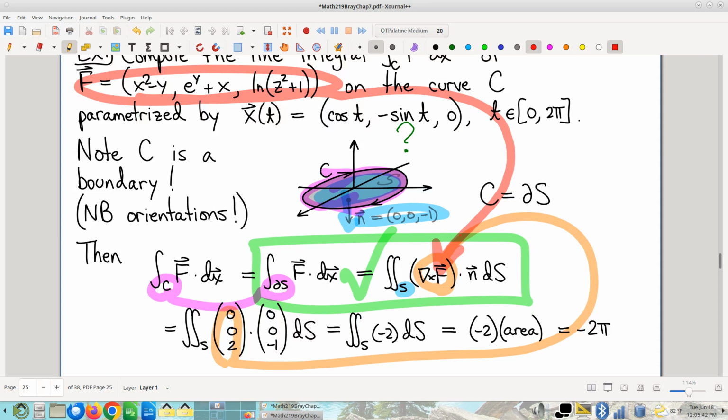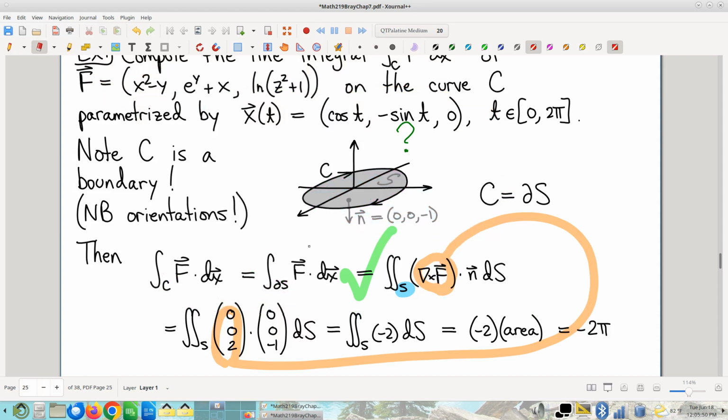Again, I crafted this example with sails in mind. I'm trying to make a sail here. I'm trying to persuade you that this is awesome, so I picked one where it works out awesome, and that curl vector sure is nice. Now we have to return to the picture, and don't forget that there is this normal vector right there. We've already agreed that the normal vector is not only downward, but straight downward.